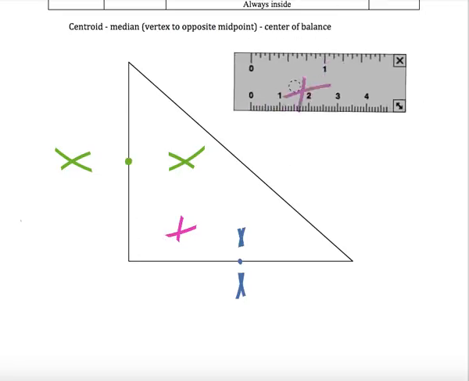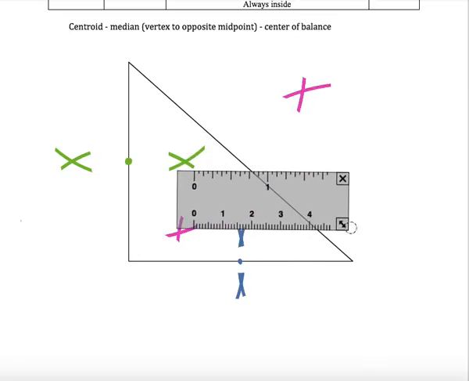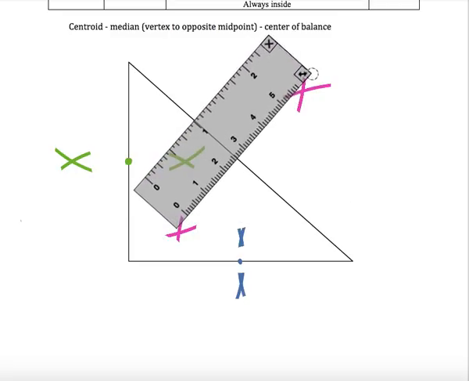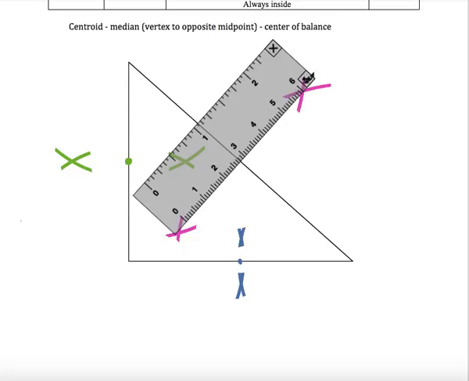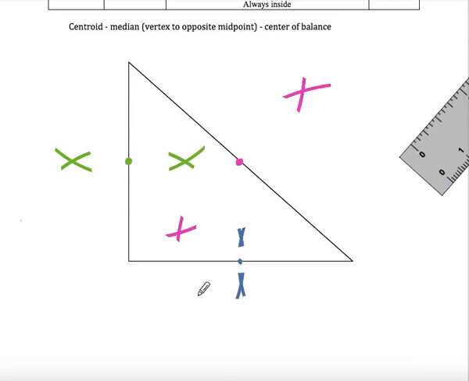All right, so to find that midpoint, I'm going to line up these two intersections with my straight edge, and I'm going to mark that point where it crosses the side of the triangle. All right, so I've got my midpoints.